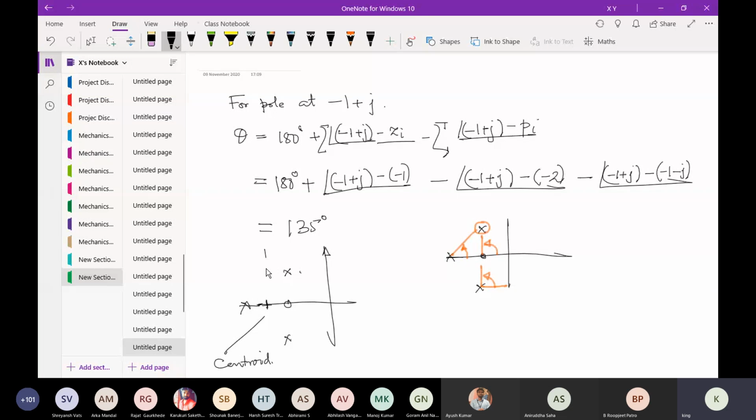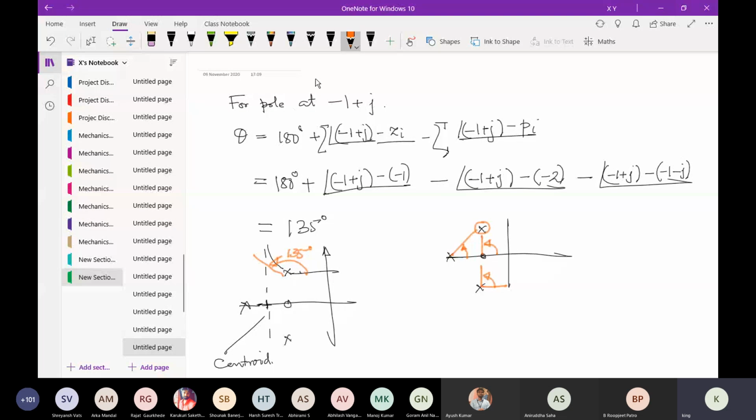And the asymptotes were supposed to be at 90 degrees. So we already knew that the curve was going to be something like this. Now we can say that this angle is 135 degrees.